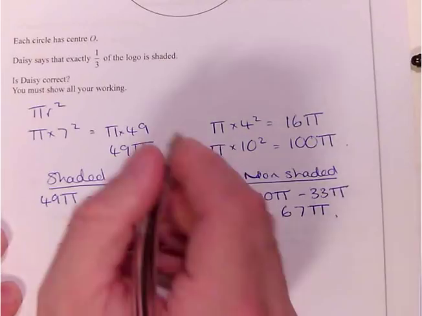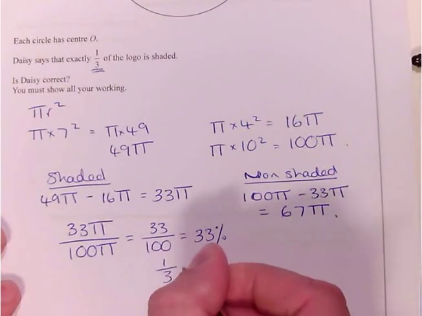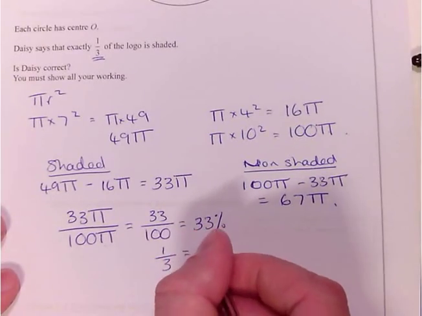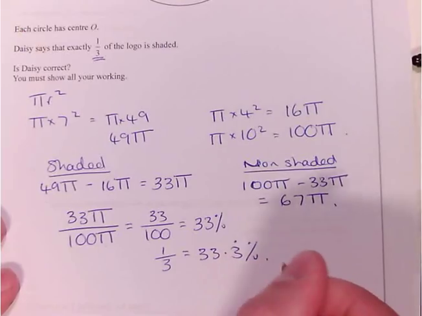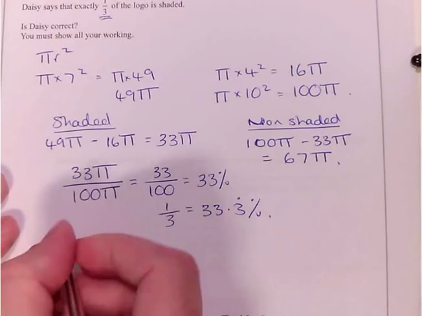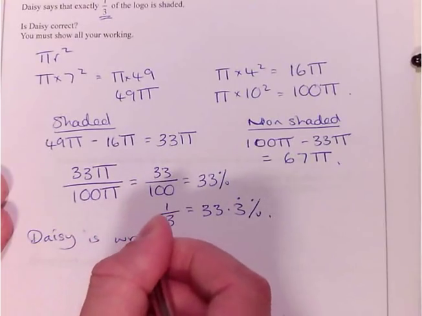Is that the same as 1/3? No. 1/3 is 33.3 recurring percent, remember. Daisy is wrong. First bit of the sentence.